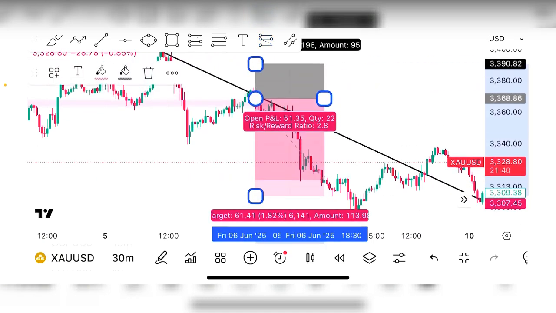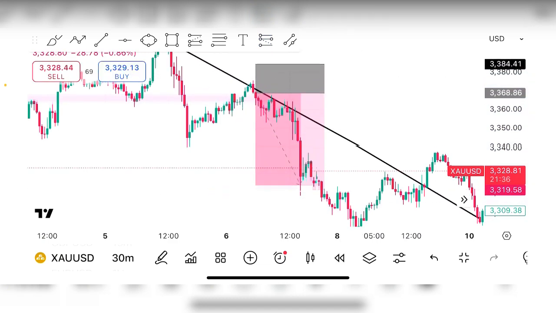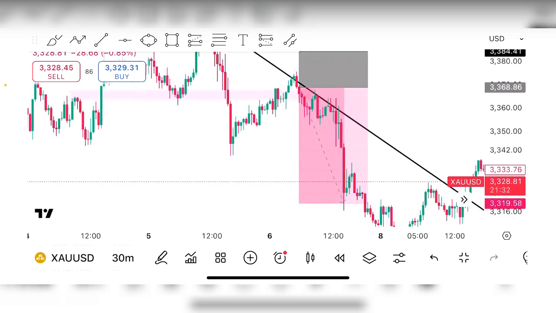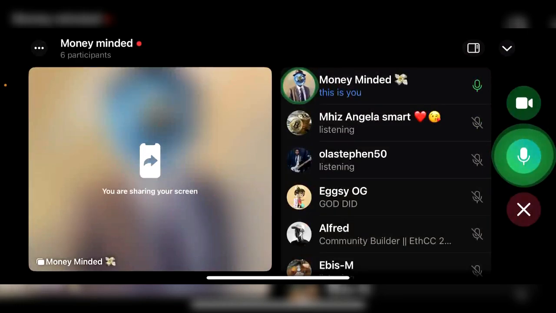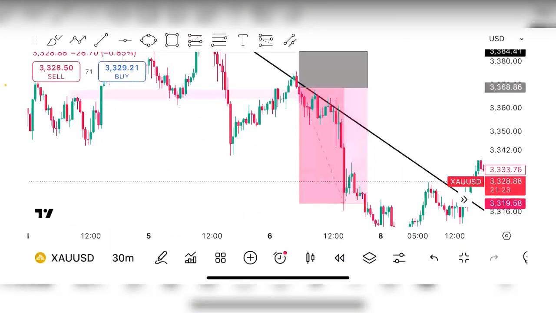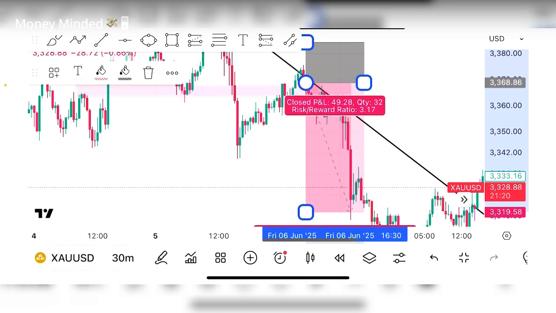Target the 1 to 3 risk to reward ratio. Always make sure your stop loss is above your entry. Give it small space to breathe. That is very important. Don't just tighten it. Give it space to breathe, please. So once price hits your stop loss, you can execute from that place.